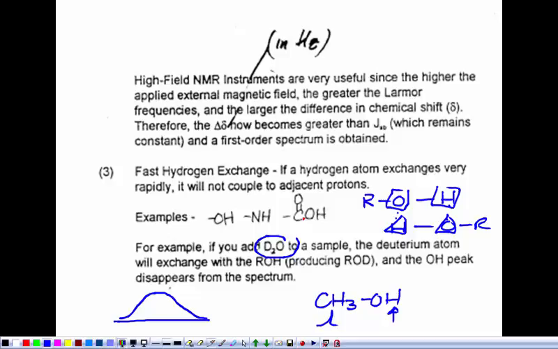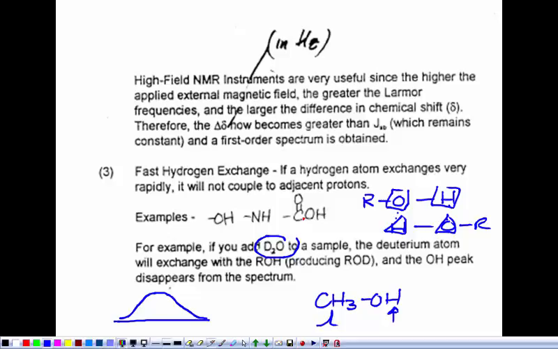So D2O is water that's been substituted with deuterium, the isotope of hydrogen with a mass of 2. It turns out that every isotope of an element has a different Larmor frequency. So protons flip, and deuterium, because it's a different nucleus, flips somewhere in the 40 megahertz region.